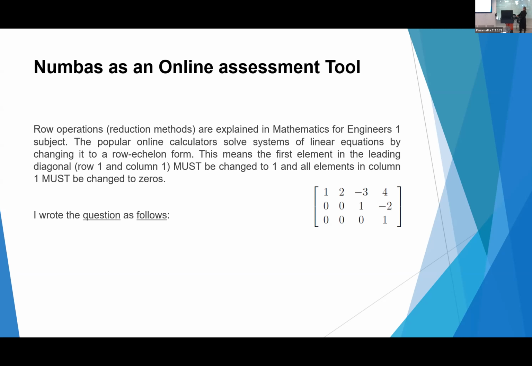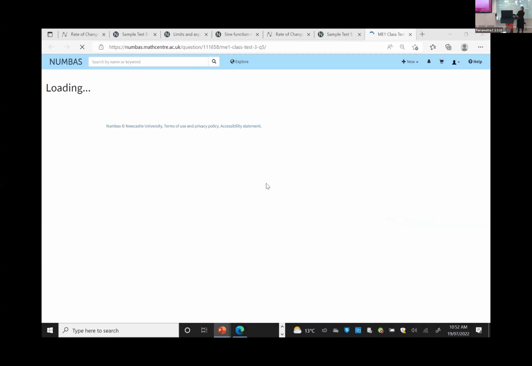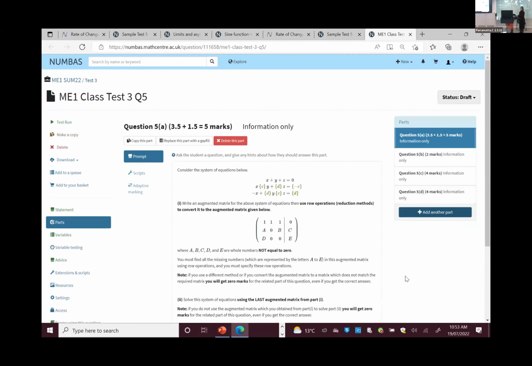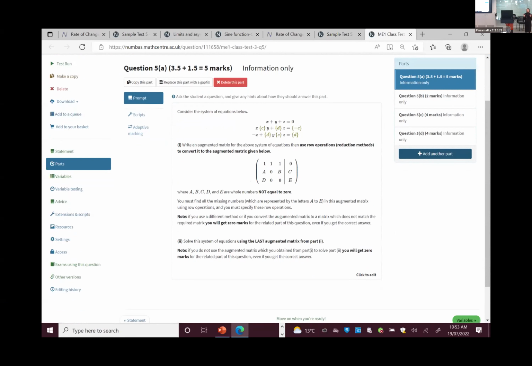What I've done is, again, I'll have to minimize, but that's the last one, so it should be fine. I have written the question in a way that they have to use a different column. Remember, that was at the time that I checked the calculators in 2021.